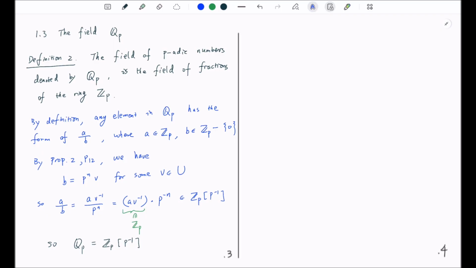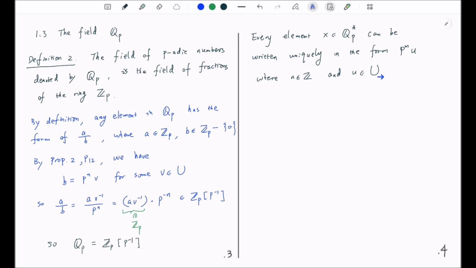Now, every element in Q_p that is non-zero has a unique representation. This unique representation is p^n u, where n is an integer, not necessarily non-negative, and u is in U, the subgroup of invertible elements in Z_p.